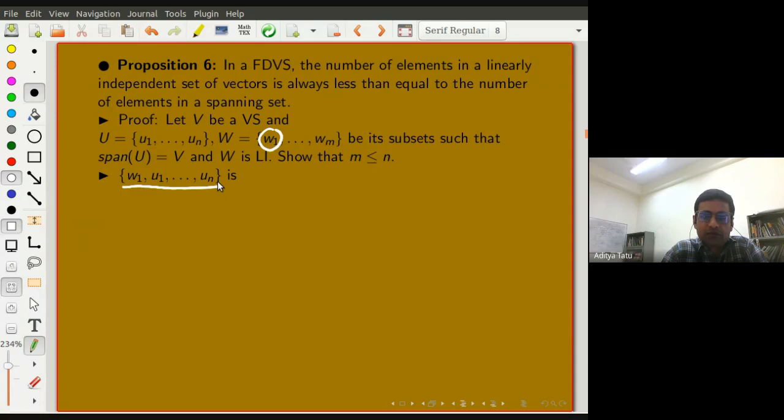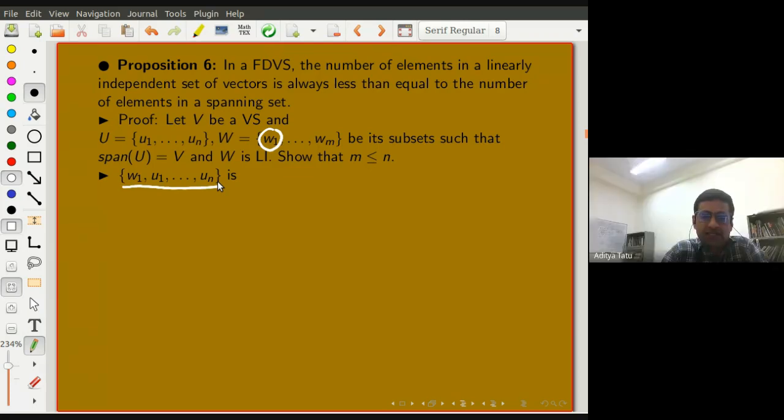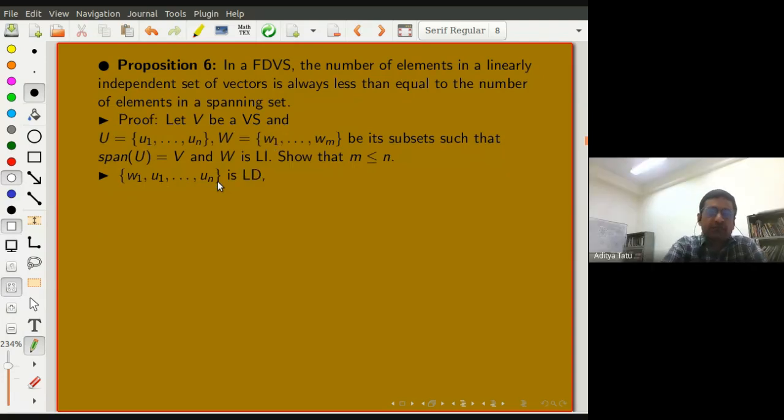Remember, U1 to UN spans the entire vector space V. Then this has to be linearly dependent, right? Good. So this is linearly dependent. So what can we say about the interrelationship between the U's and W1?